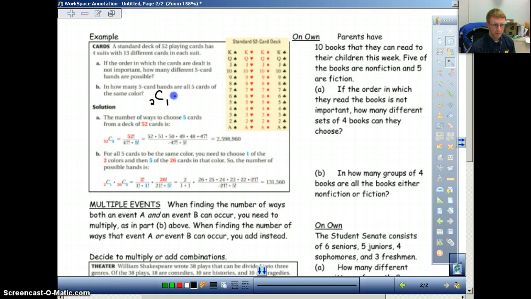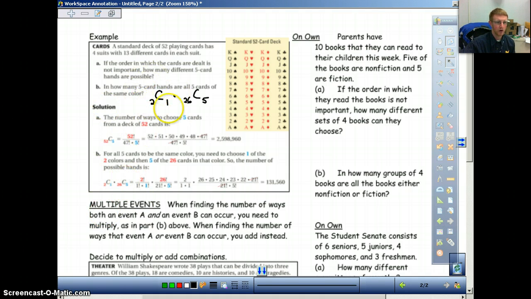Then what we do is we multiply our next. So this is the first event, is first getting the color to be the same, either black or red. 2 choose 1. The second one now is we need 5 cards. How many do we have to choose from? We don't have 52 anymore. Because we're down to 1 color, we now only have 26. So that means we have 26 total items, and we're going to choose 5 of those. That's how they get this down here, the 2 choose 1 and the 26 choose 5.